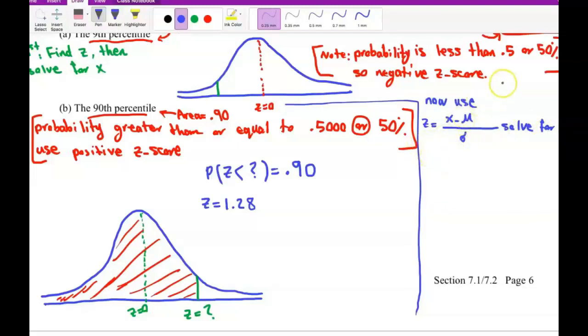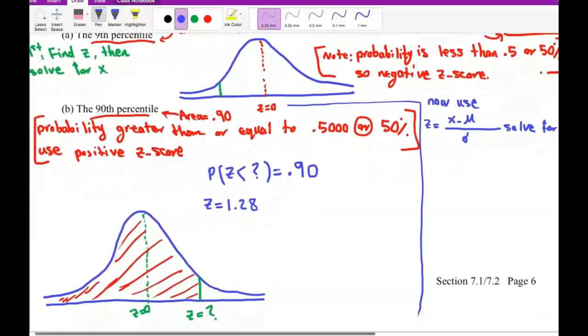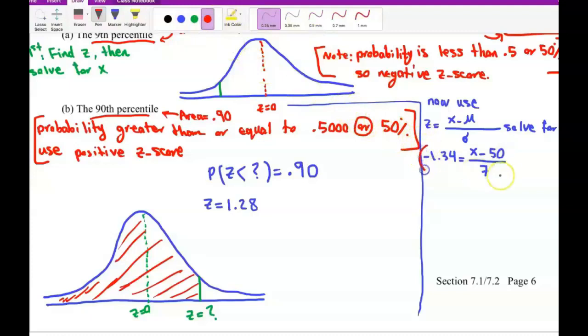So for Z here, we got negative 1.34. Negative 1.34 equal to X minus mean, which is 50, divided by standard deviation 7. Okay, solving for X. Since we have this denominator, I should clear that. So we can multiply by 7 to clear this. So all of this multiplied by 7.